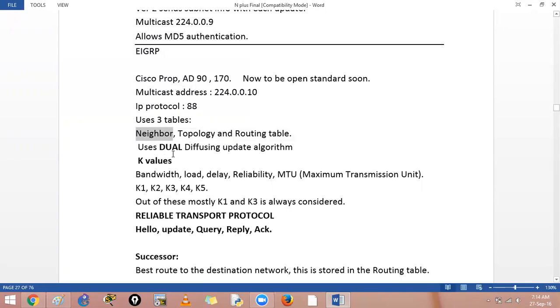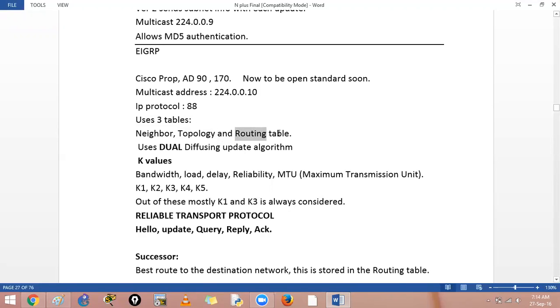Then it creates the topology. Topology means it will build the roadmap. If you and me are both routers, we both will have our own networks. So I will take your whole routing table and build a roadmap. On that roadmap, I will use some calculations and find out the best path. And this best path will be kept in the routing table.